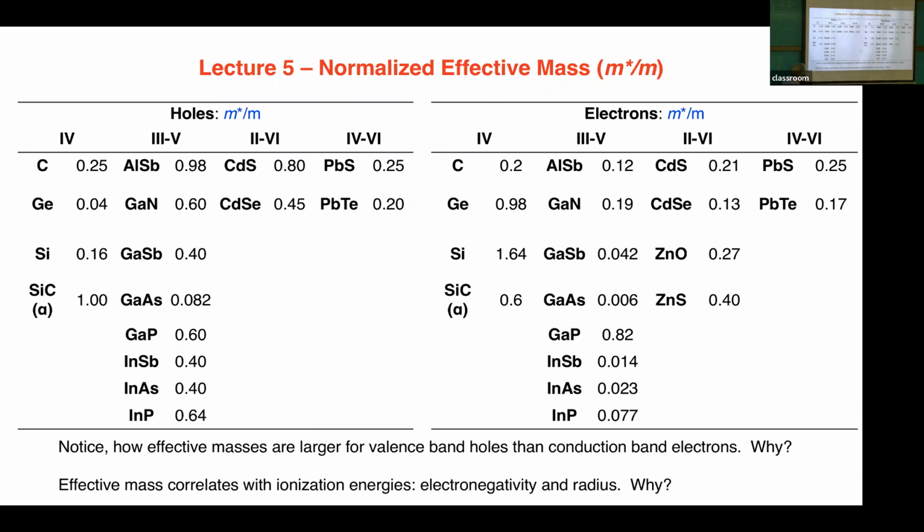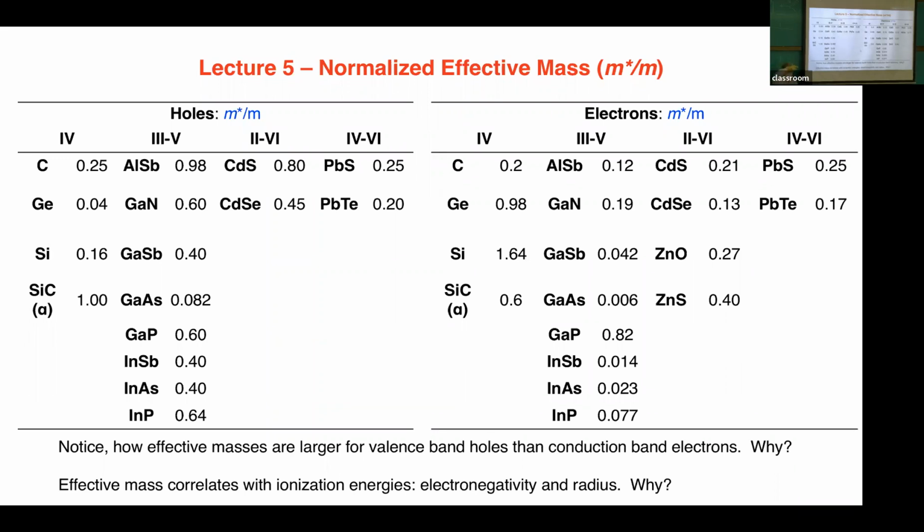Another thing that you can glean from this diagram is that as you go down the column, so let's take a look at the conduction band electrons for these III-V semiconductors as you go from aluminum to gallium and then down toward indium. You can see the numbers dropping. And that makes sense when you consider the electronegativity of the atom or the ionization energy of that atom.